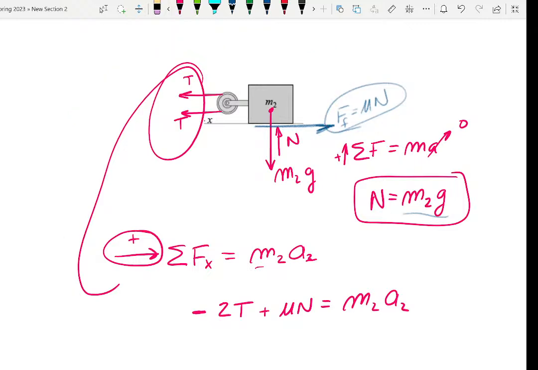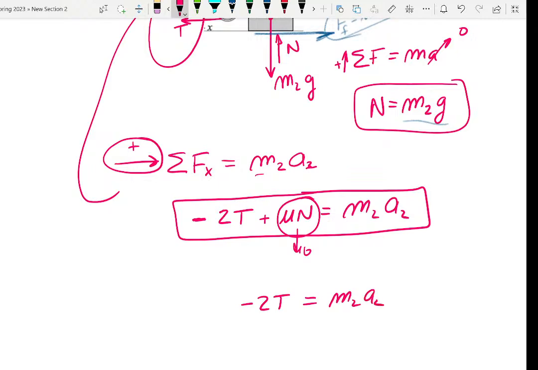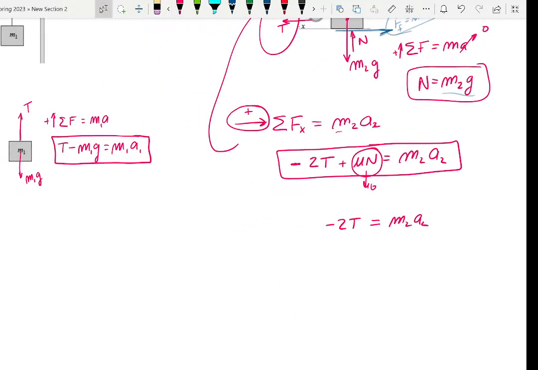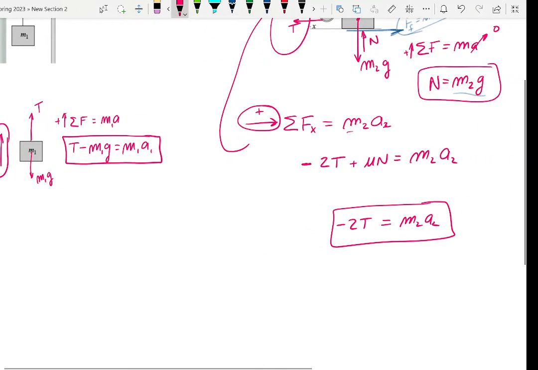Essentially you're stuck with that. However, this problem doesn't have that, so that's 0. And so what you get is minus 2T equals M2 A2. And then technically, I guess I should have boxed that one. And so you've got this equation and that equation.